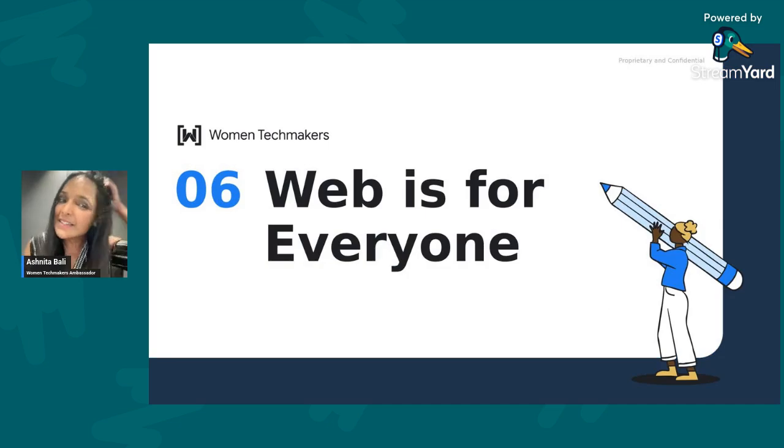This is the beautiful thing about the web. It is for everyone. At some points in our life, we go through different things as we age. People start having more and more sight impairments or hearing impairments, etc. And we can have situational disabilities, for example, an ear injury or an eye infection.